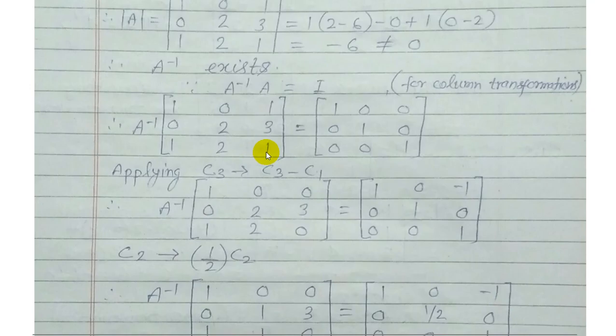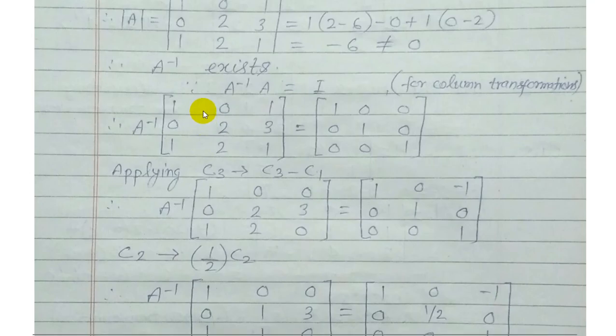After that, this element must be 1, then you can convert these two into 0, meaning 0 0 1. This is the rule. So listen very carefully and remember the rule for column transformations. When we are applying column transformation, conversion is row wise. When we use row transformation, here conversion is column wise. It is already explained in the row transformation.